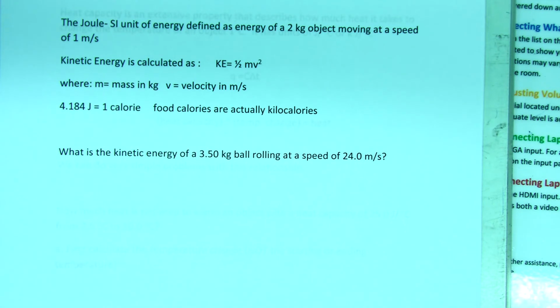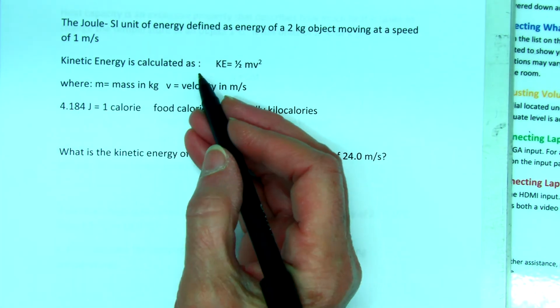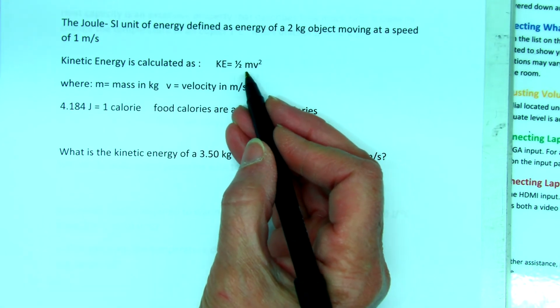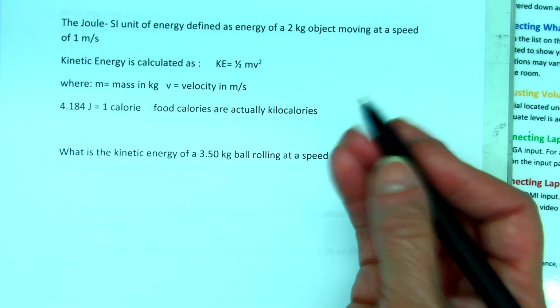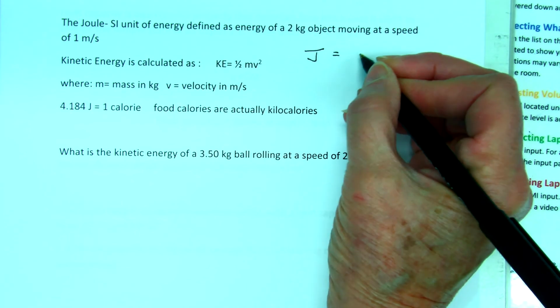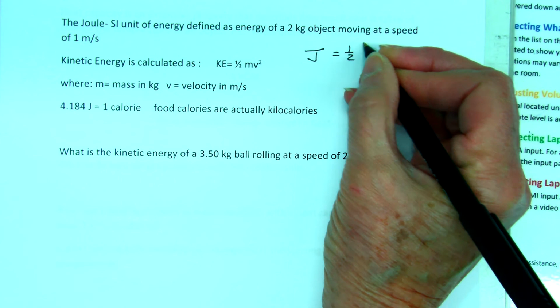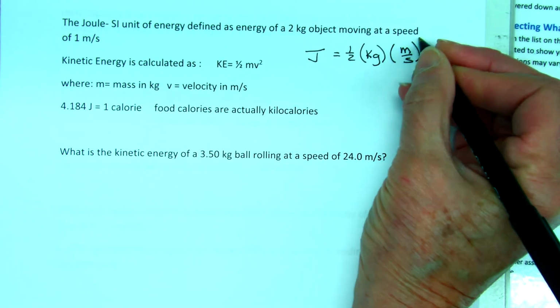And this comes down from a kinetic energy definition. Kinetic energy, energy of motion, can be calculated. It's equal to 1/2 the mass measured in kilograms times the velocity in meters per second squared. So the kinetic energy, 1 joule, is equal to 1/2 times the mass in kilograms times the velocity, meters per second squared.